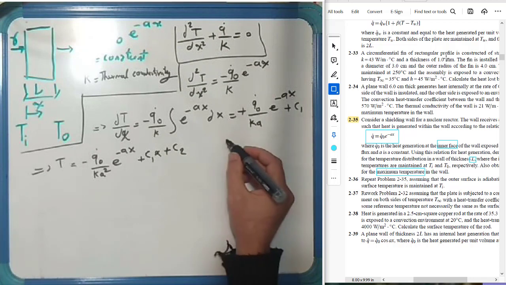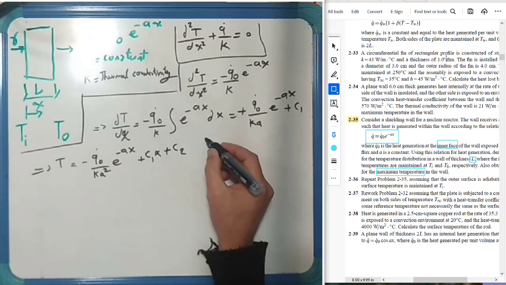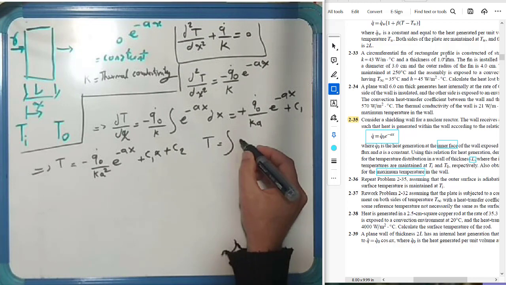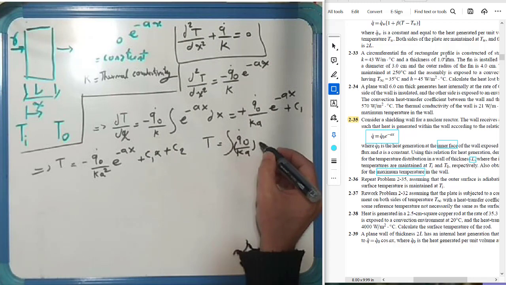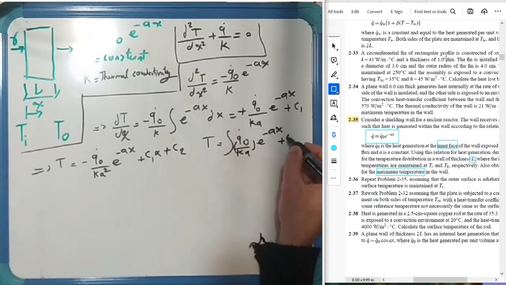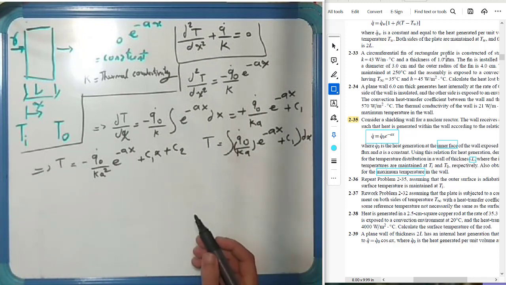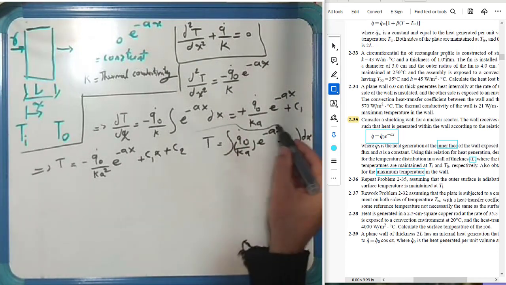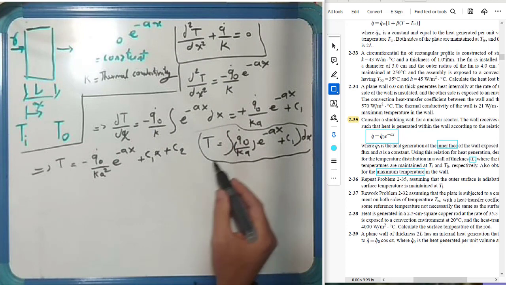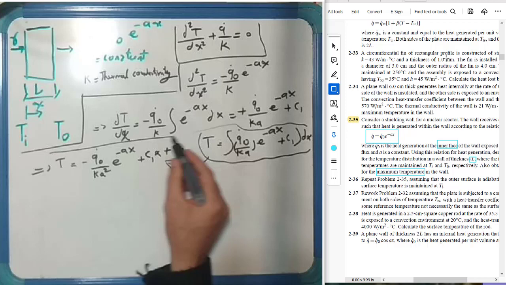T equals the integral of Q dot naught over k a e to the power minus a x plus c1 dx, which is the integral of this one, and after that it will be something like this.